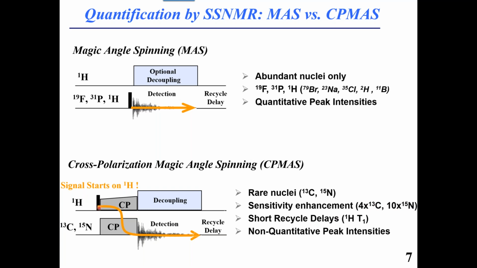Also, because the signal starts at protons, it's the proton relaxation that determines the recycle delay between subsequent scans, not the carbon or nitrogen relaxation, which is typically much longer because it's dipole based and they are less effective dipoles.